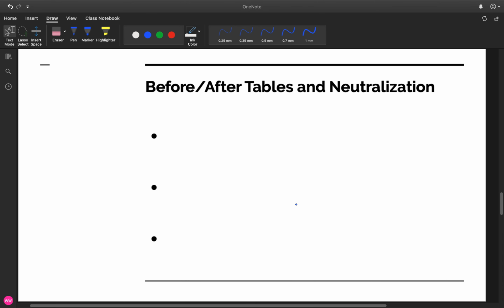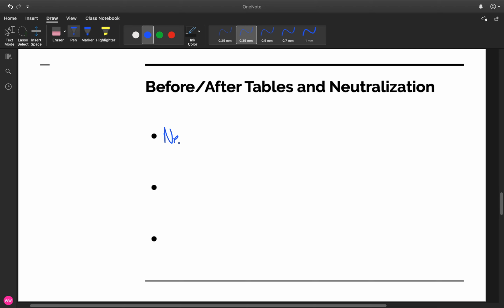All right, so last but not least, in this section, we're going to be looking at how to calculate the pH of a buffer solution after adding acid or base to it. And the way we're going to do this is we're going to be using before and after tables. So once again, I want to remind everyone that when I add an acid or base to a buffered solution, the first thing that's going to happen is a neutralization reaction.